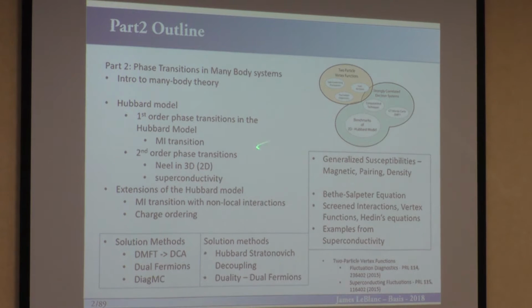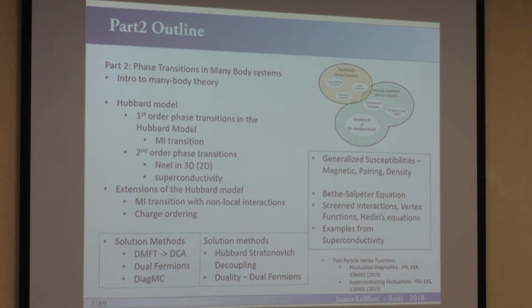You have things like Néel transitions in 3-dimensional problems. You have false Néel transitions in 2-dimensional problems that are finite, so that it's not in the thermodynamic limit. And I'll talk a little bit later about superconductivity. Once I've talked a little bit about that, I'll talk about extensions of the Hubbard model. That means you'll see later adding non-local interactions, and how you still get metal insulator transitions, but those are somehow modified by inserting non-locality into the interaction. And you can also get charge ordering.